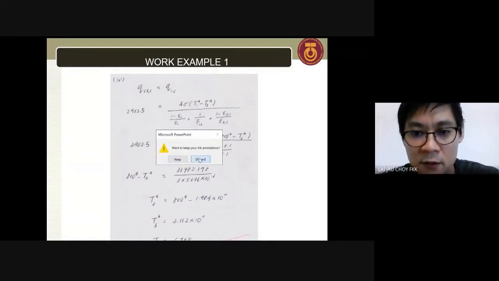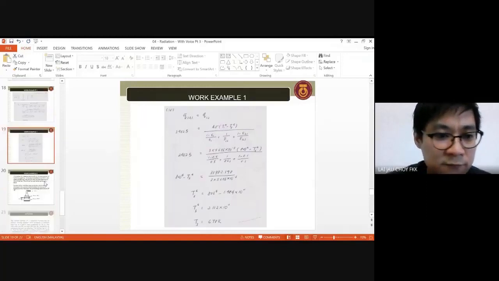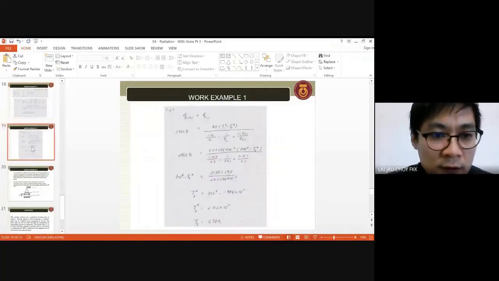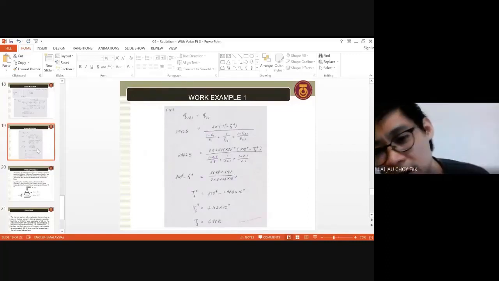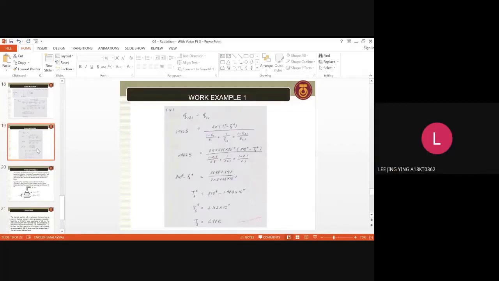Okay, so that's the end of this problem. Any question so far? Any question you have? Yes, Doctor. May I know for question D, it says an aluminium sheet is added.